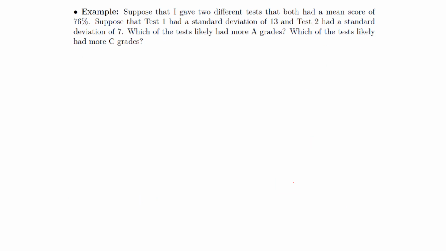All right. Now, just to give a little bit of meaning to this idea of standard deviation that we're discussing, suppose I have two different tests that both had a mean score of 76%. Okay. So, test 1 and test 2, both had a mean of 76%.